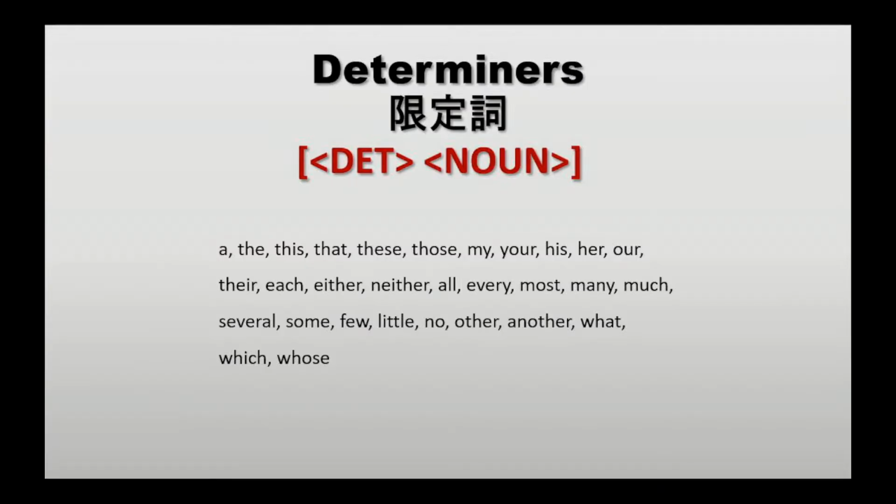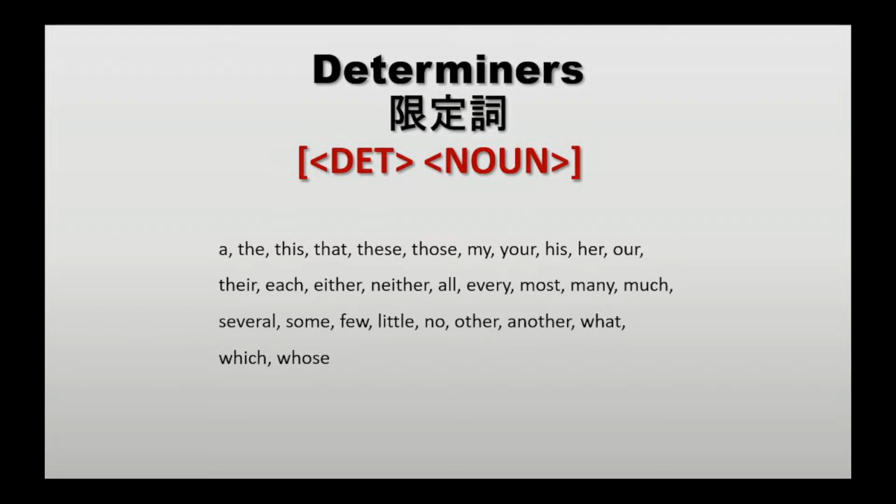And those are determiners. Determiners. In Japanese, determiners are called genteishi. Now, the Japanese kanji is very good because genteishi says very clearly what a determiner is.